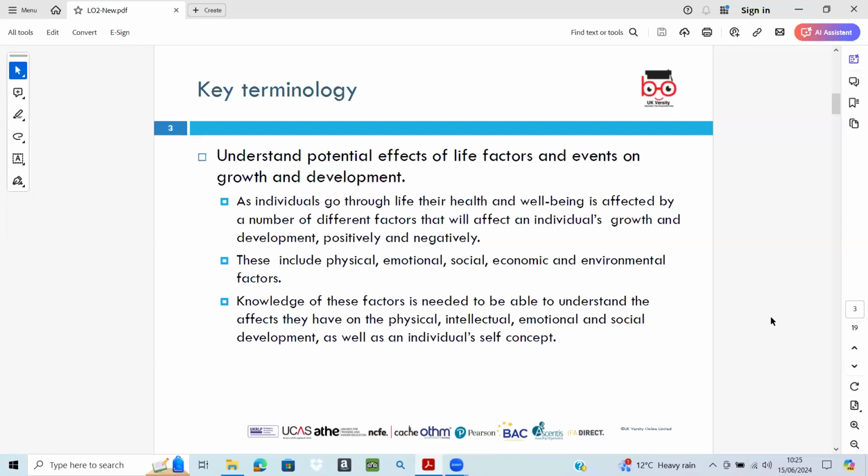So these influences shape not only our physical and intellectual capabilities, but also our emotional health, social skills, and overall self-concept. Self-concept refers to the perception one has of themselves, including self-esteem and self-worth. For example, bullying and rejection can negatively impact self-esteem and self-worth. Now, let's move to the next slide.